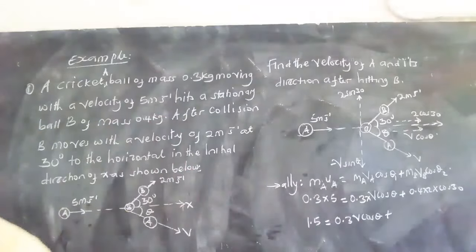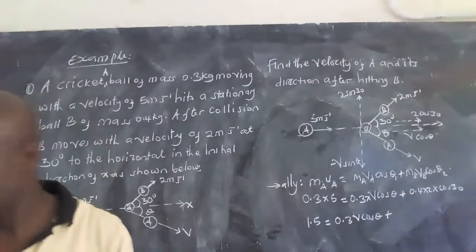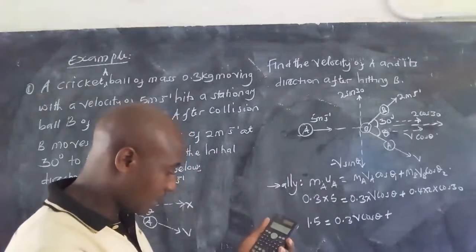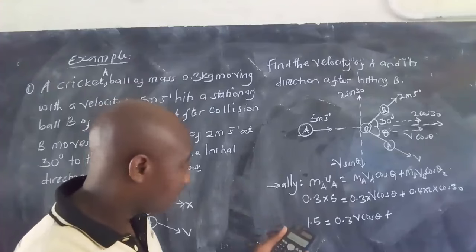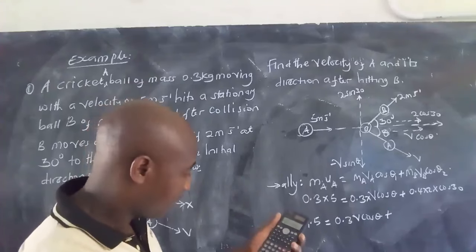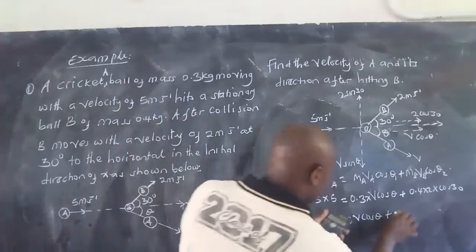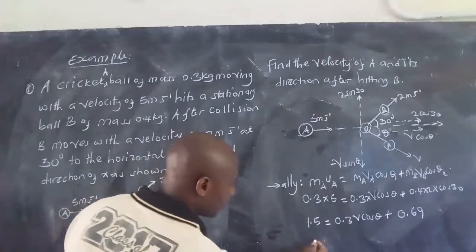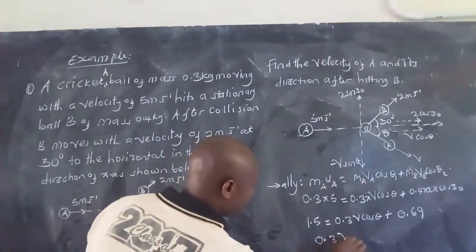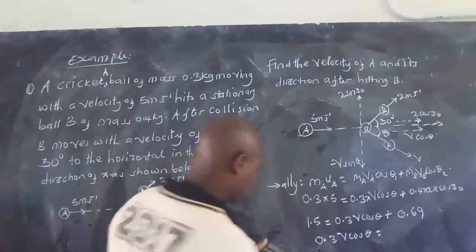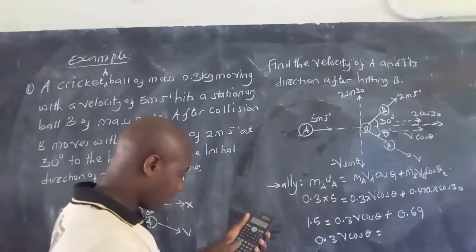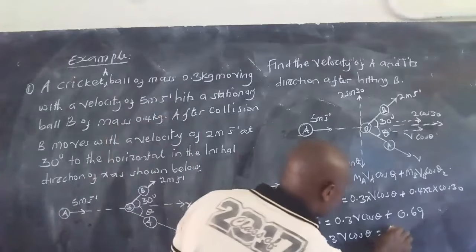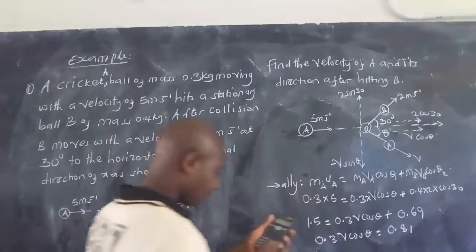now what do you get there? cos of 30 times 0.8 gives 0.69. So 0.3 V cos theta will become 1.5 minus 0.69, which gives 0.81.